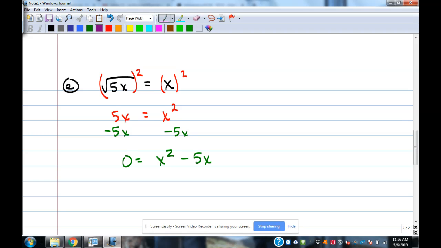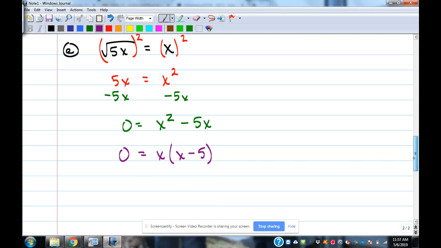What is the first thing you should always look for when you're trying to factor? Got to be equal to 0, and then you look for what next? Greatest common factor, guys. What's the GCF of x squared and 5x? X.